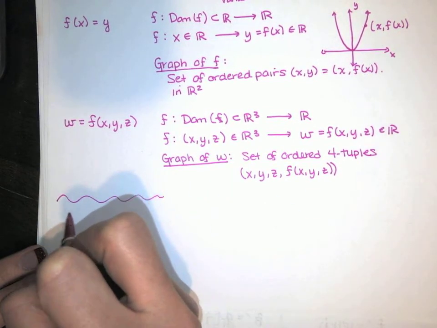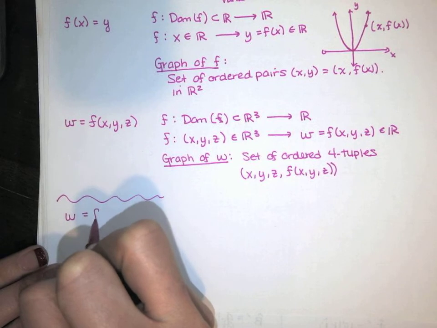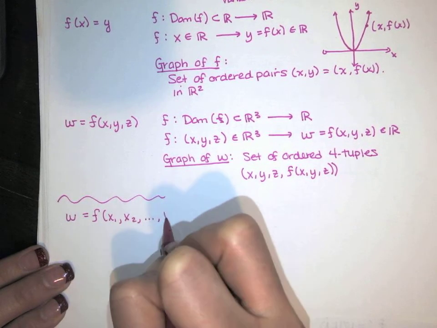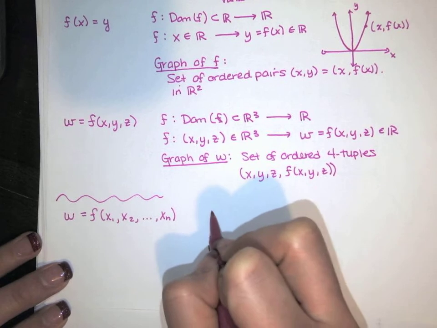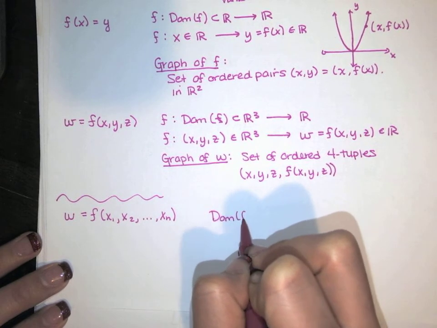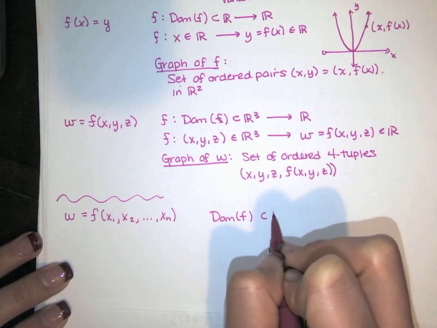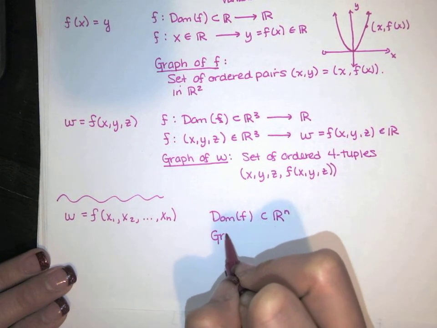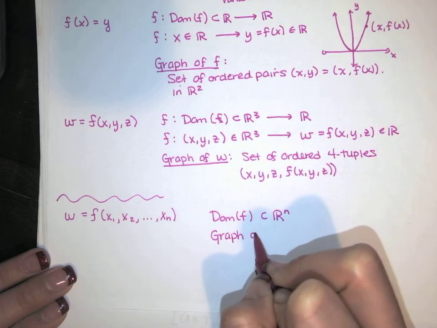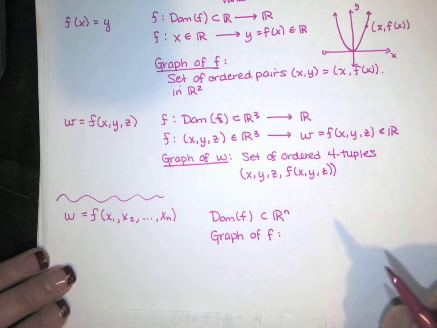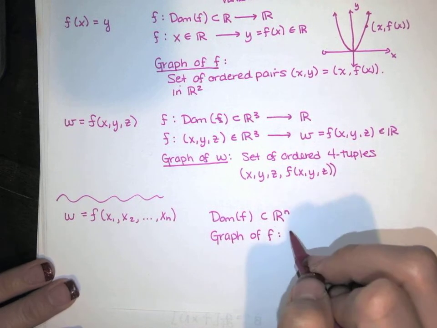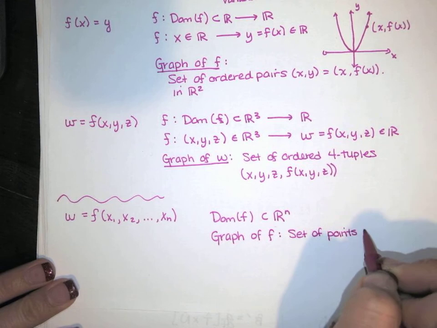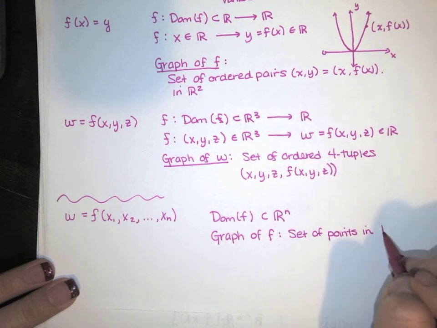For a function of n variables, the domain of that function is a subset of n-dimensional space. But the graph of that function is a set of points in n+1 dimensional space.